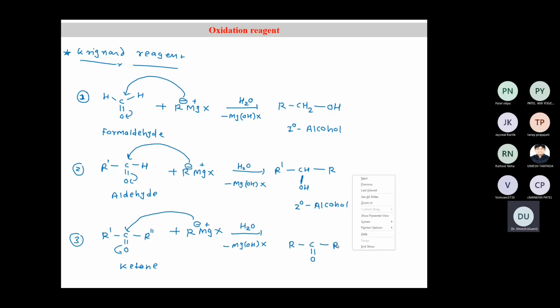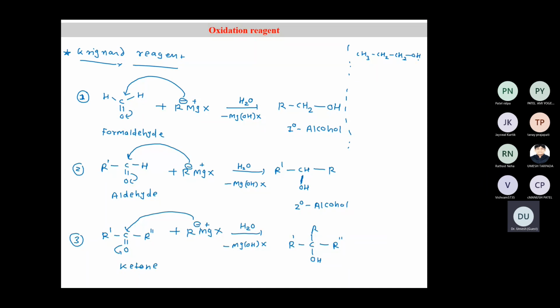Now you tell me, suppose I want to synthesize primary alcohol, that is butanol, CH3CH2CH2CH2OH. Then which reagents will I use? Anybody please? Suppose I want to prepare butanol, or you can say propanol.